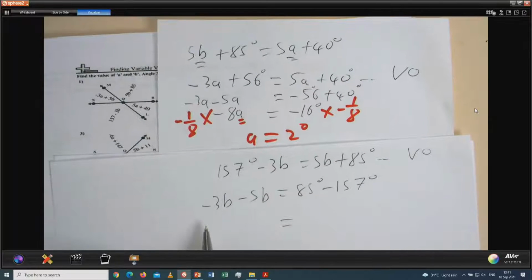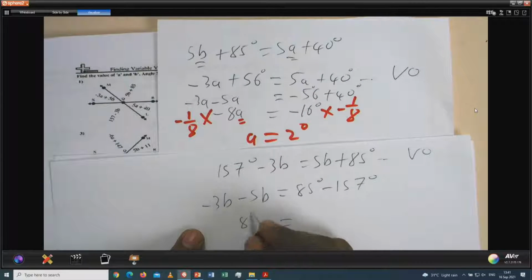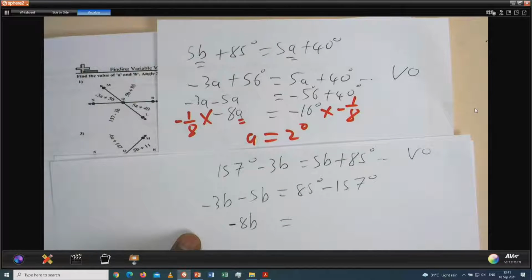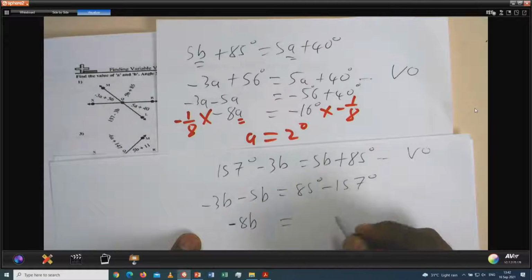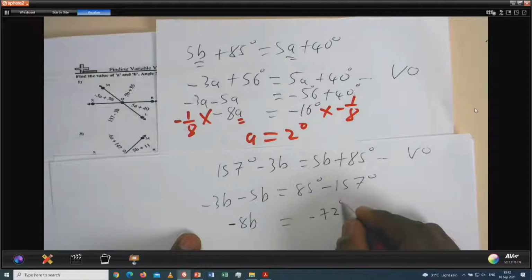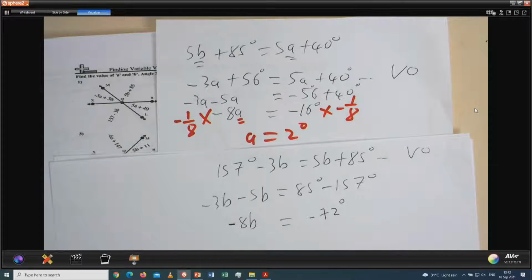You lose 3 rand, you lose another 5 rand. You have lost minus 8B. The same thing here. It's your 2, it's your 7, minus 72 degrees.